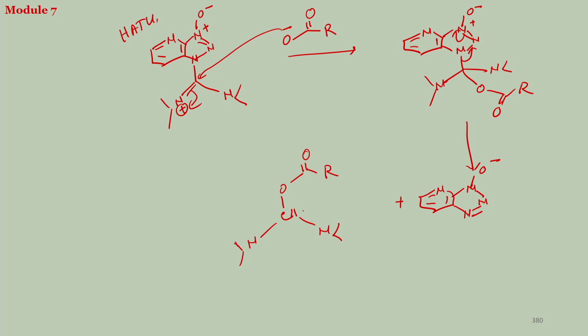You had a CH of course here. Next is this negative charge attracts the carbonyl carbon and this opens here. So, this is eliminated as, again, a urea derivative. So, you have O double bond over here.